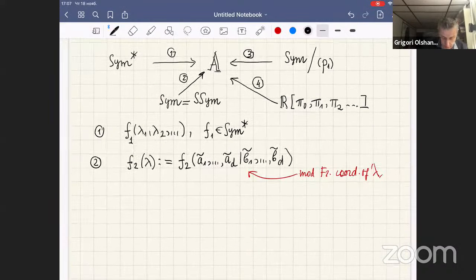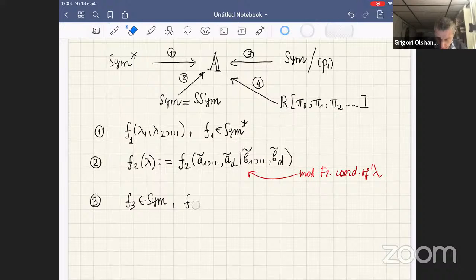Given a function f3, an element of the algebra of symmetric functions, we assign to it a supersymmetric function.